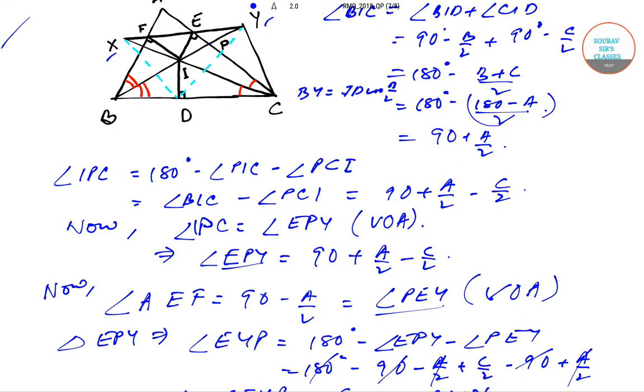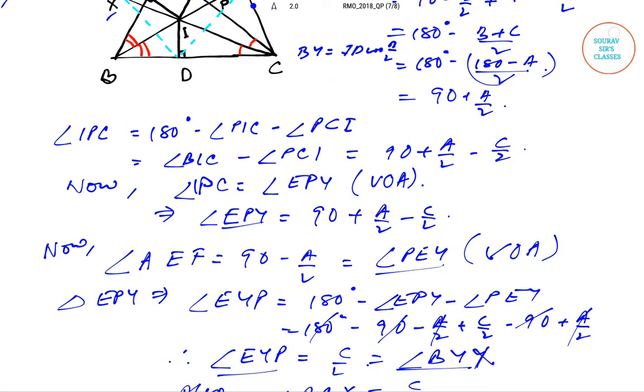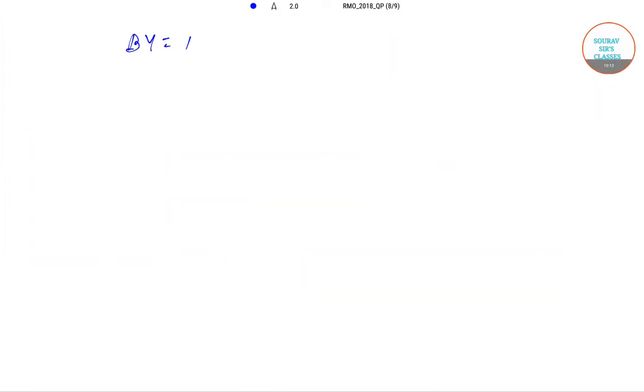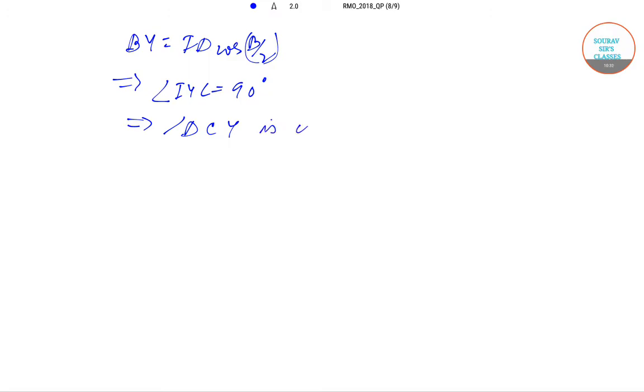So since BY is equal to ID cos of B by 2, that implies that angle IYC will be equal to 90 degrees. And if angle IYC is equal to 90 degrees, that implies that IDCY is concyclic. And if IDCY is concyclic, that will imply that angle IYD.